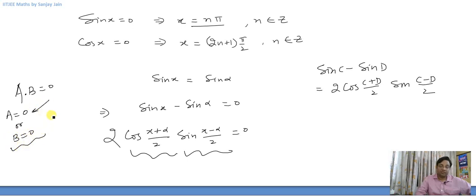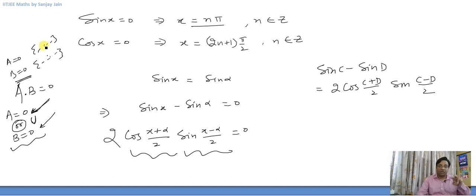This equation will give me my solution, this equation will give me my solution, or means union of these solutions, right? So I'll choose, for example, a equal to 0 gives me, let us say, 3 solutions, and b equal to 0 gives me 3 solutions. Then I'll take union of these. If there is some common solution, then I will not count it twice.